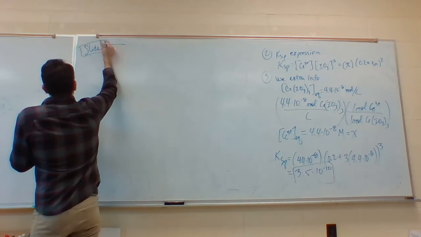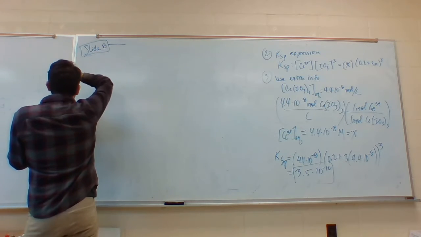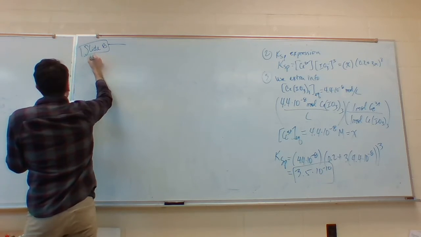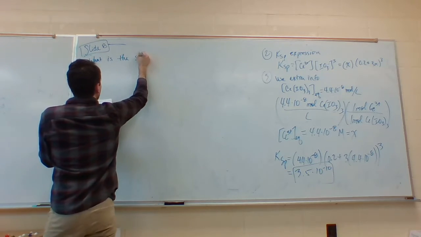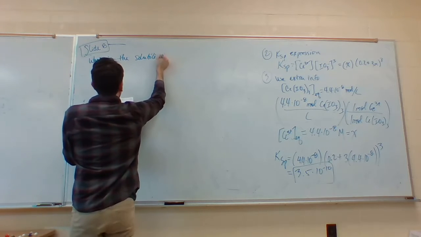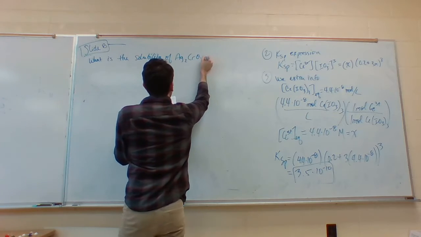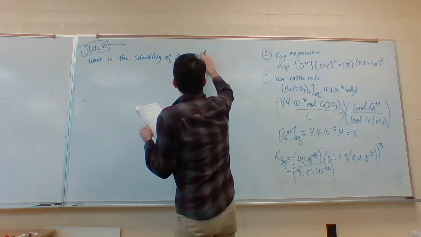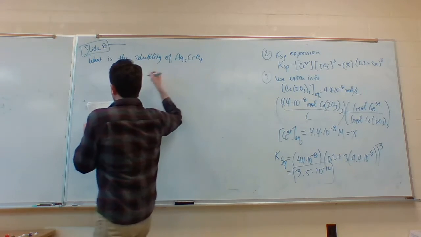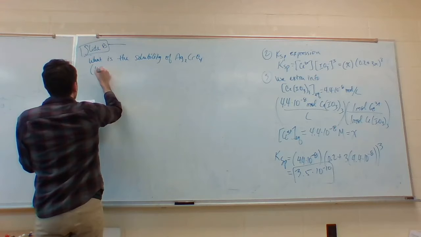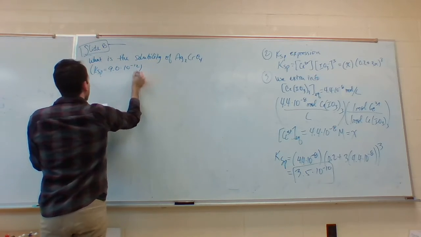So, slide 8: what is the solubility of silver chromate, Ag2CrO4, that has a Ksp equal to 9.0 times 10 to the negative 12?